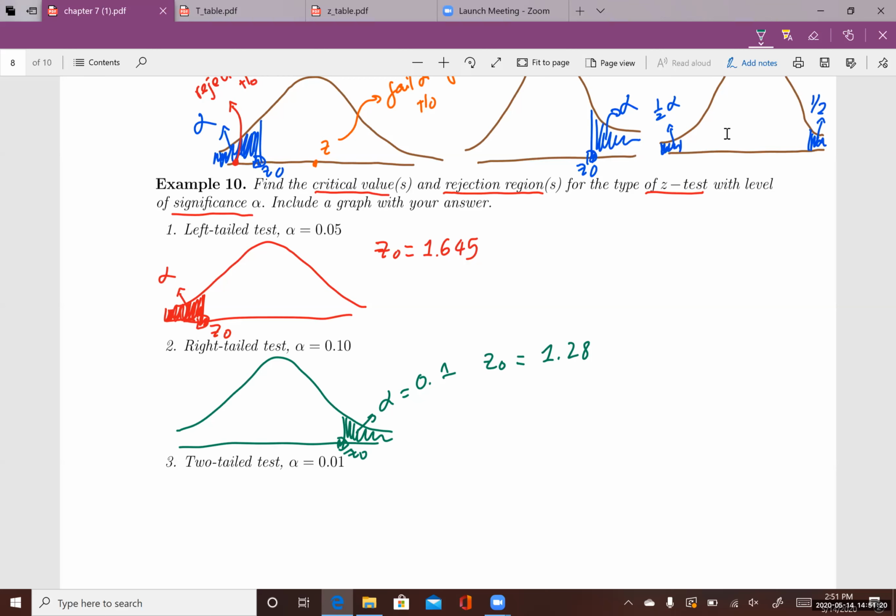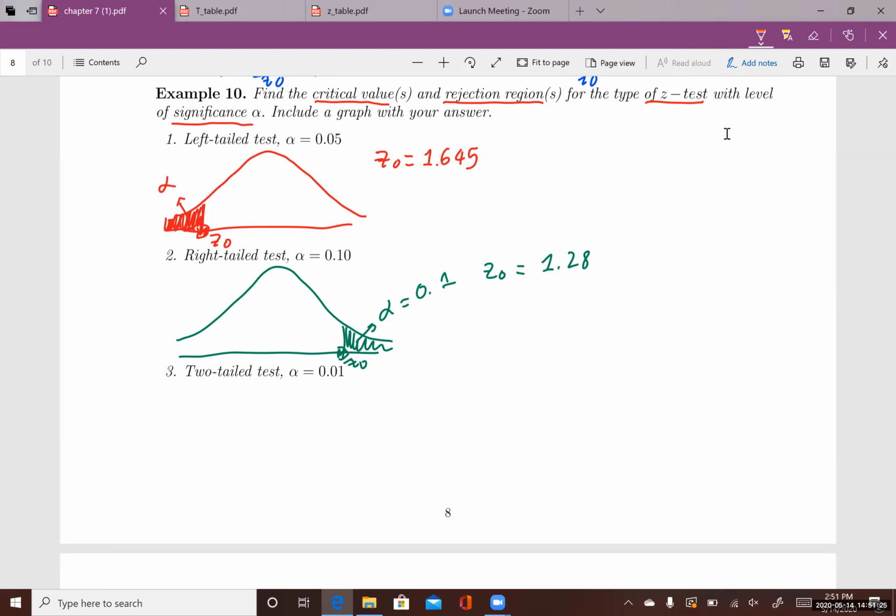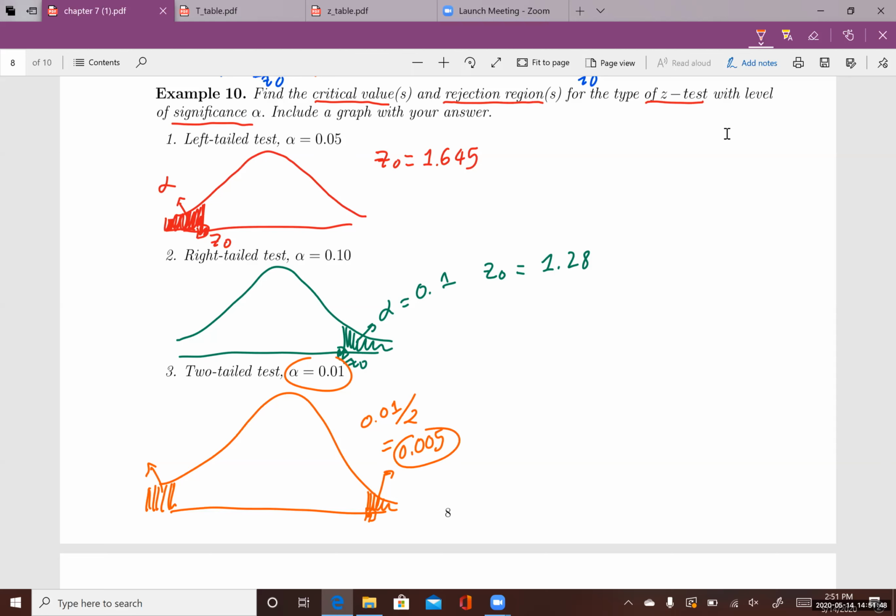All right. And then if I have a 2-tailed test, I know that my rejection regions should be on both sides, and alpha is 0.01. So the probability of each side here should be 0.005, right? Because it's 0.01 divided by 2. 0.01 divided by 2 equals 0.005. And I'm just gonna find the Z that corresponds to 0.005 to the right, or 0.005 to the left.